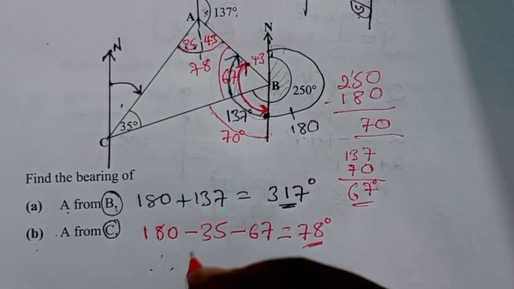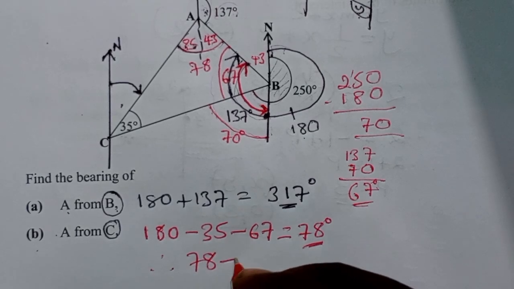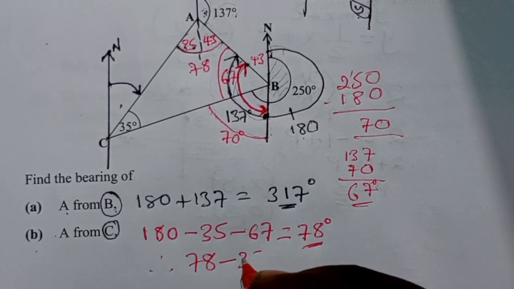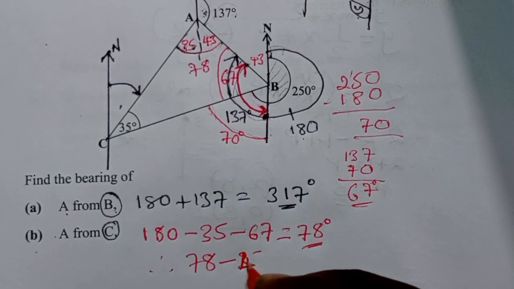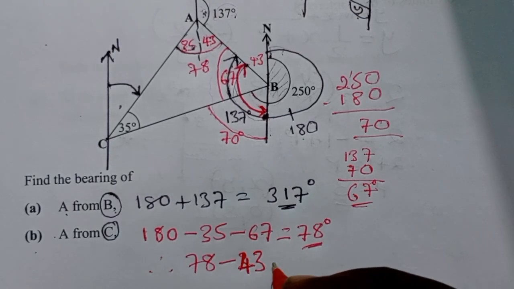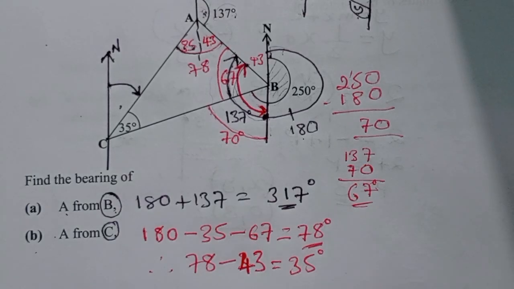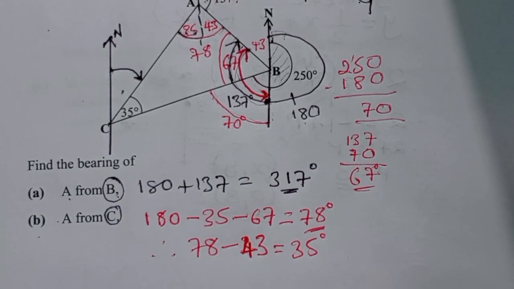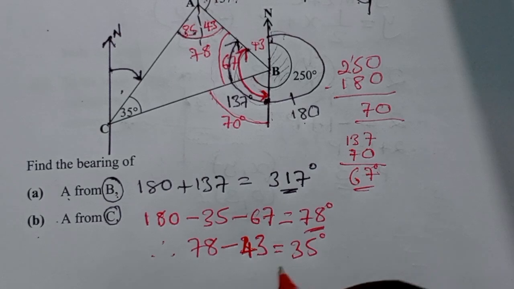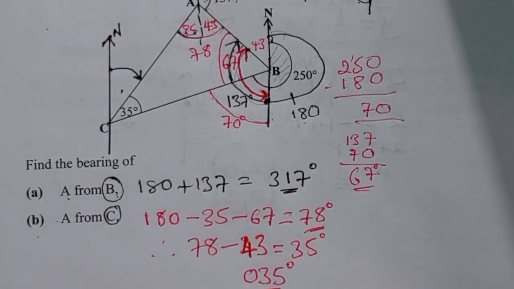So therefore, 78 degrees minus 43 is equal to 35 degrees. So remember that bearings are calculated in 3 digits. So there you add a 0 in front. So it is 035 degrees.